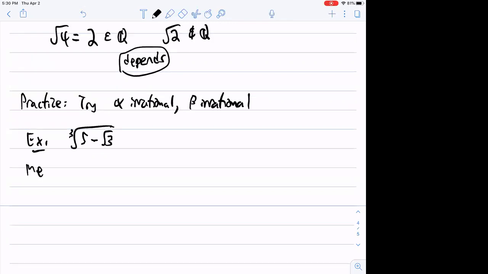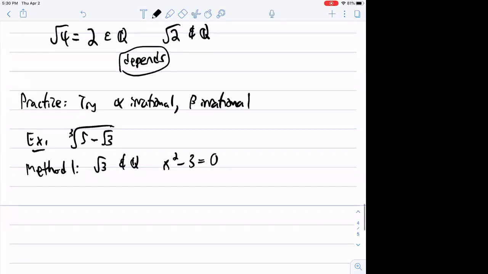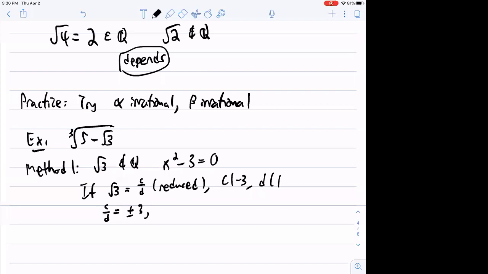So let me do it from here, method 1. Root 3 is not in Q, right? Because it's a root of x squared minus 3 equals 0. But if it was rational, then the possible roots are what? The leading term is 1 and the constant term is -3. So if root 3 is C over D reduced, then C divides -3 and D divides 1, so C over D is plus or minus 3 or plus or minus 1.